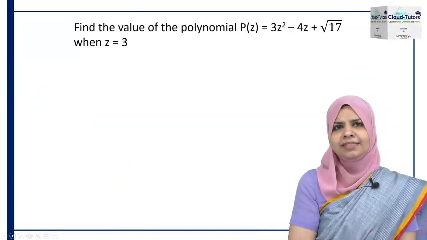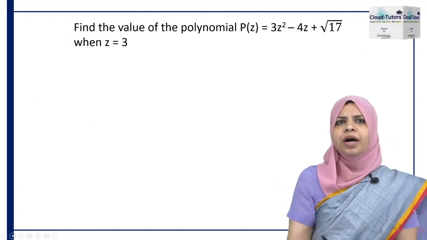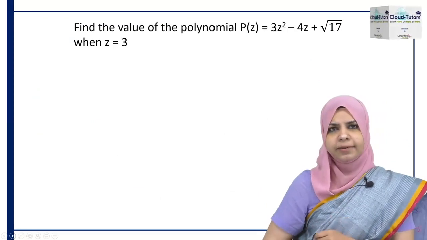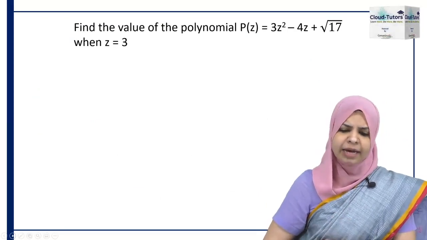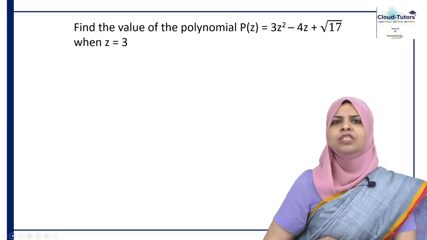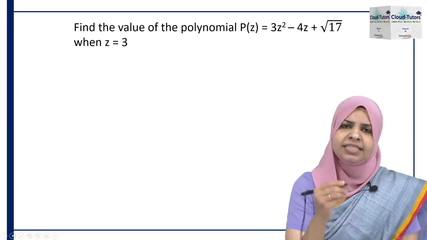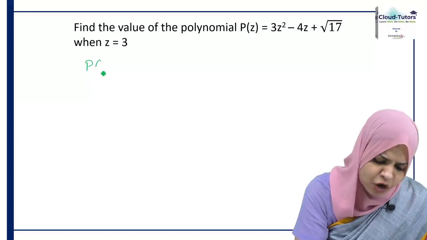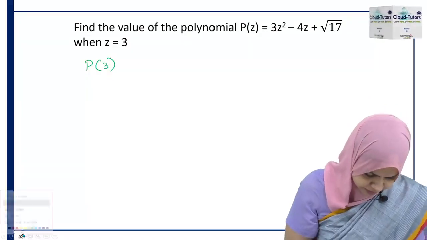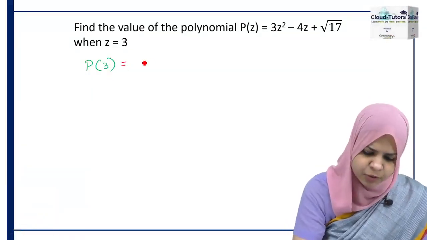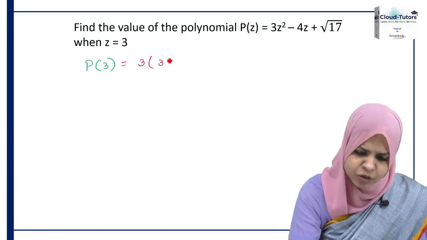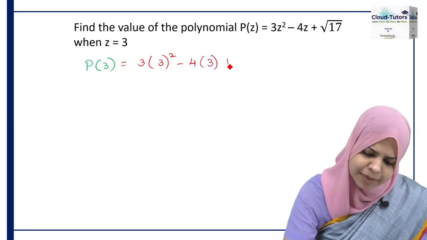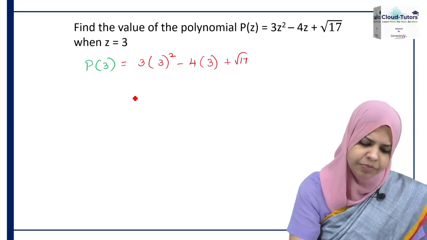Now let's see an example of how to find the value of the polynomial P of z, 3z square minus 4z plus root 17, when z is equal to 3. Very simple, right? Finding the value. So P of 3 is equal to 3 into 3 whole square minus 4 into 3 plus root 17.